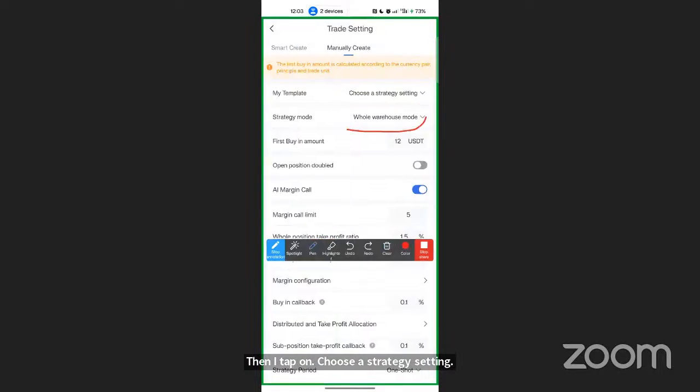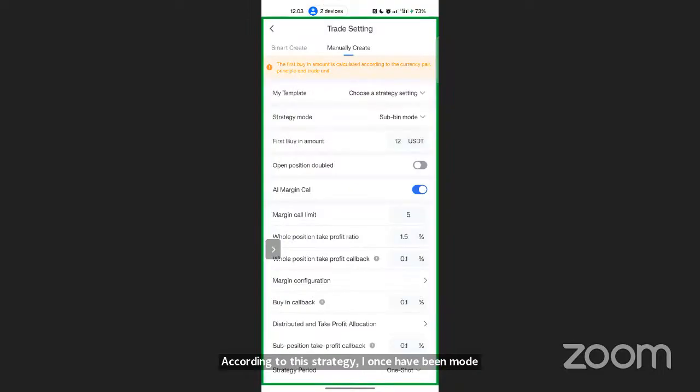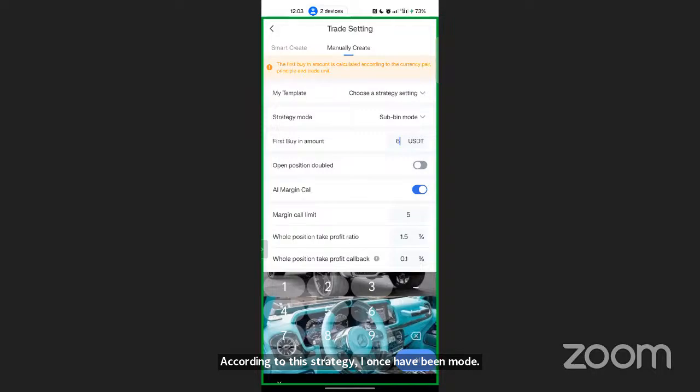Then I change the strategy mode. Are we following? According to this strategy, I want sub-bin mode. I change my first buying amount to 6.8.